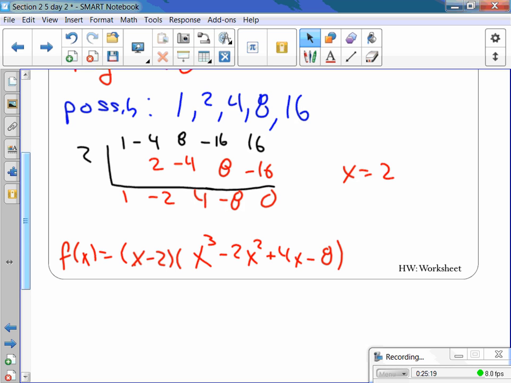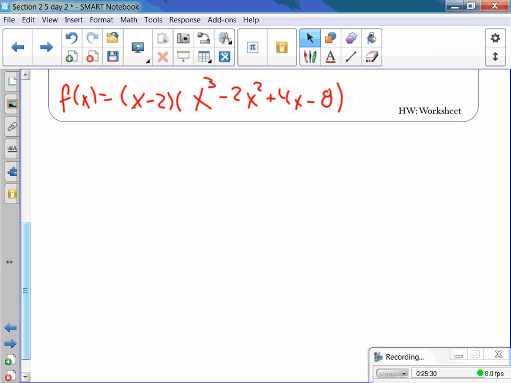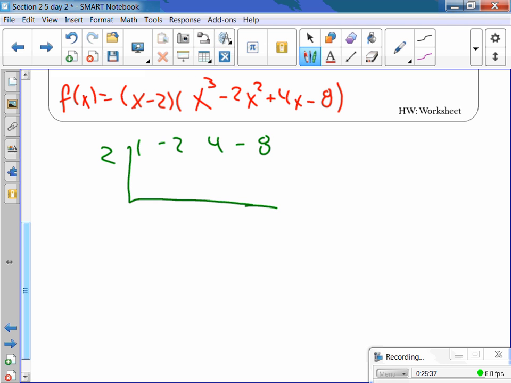So, sure enough, if we take a look at this, here we can see we have another x equals 2.